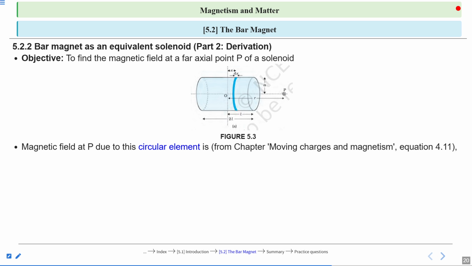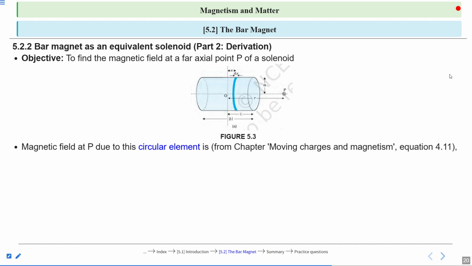The magnetic field at P due to this circular element dx is, now we have discussed the magnetic field at an axial point due to a circular coil in the Biot-Savart law in the previous chapter, Moving Charges and Magnetism, equation 4.11, for a circular loop of 1 turn.